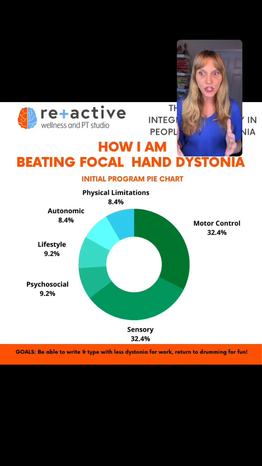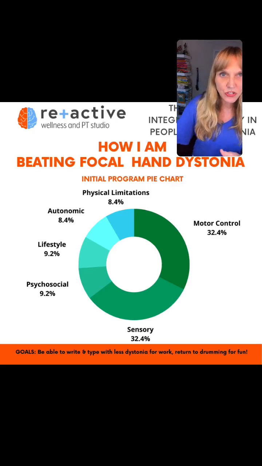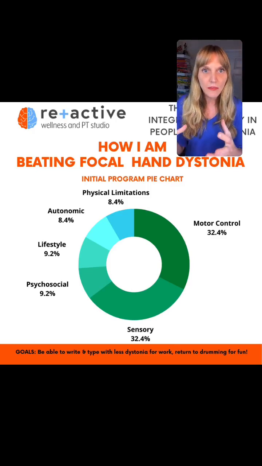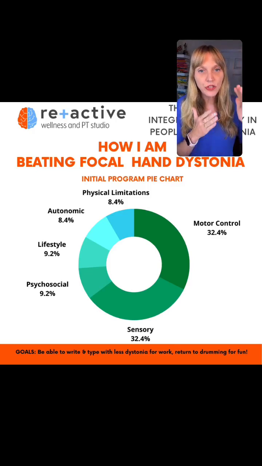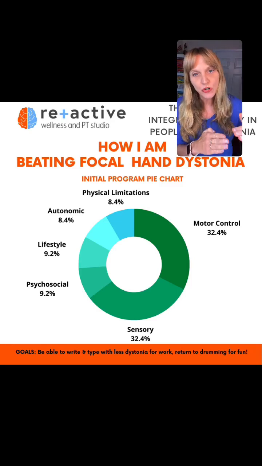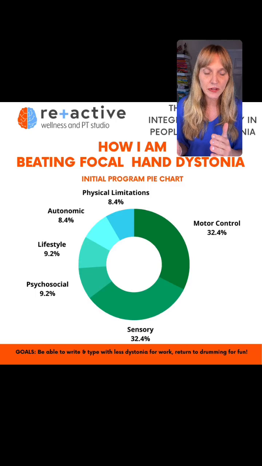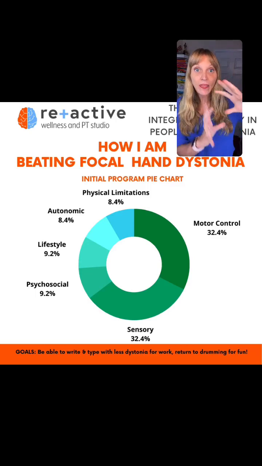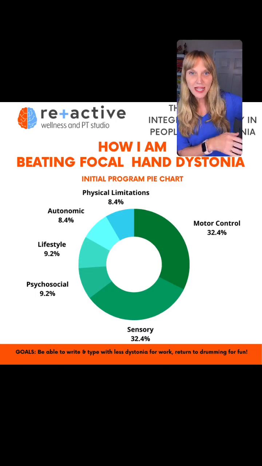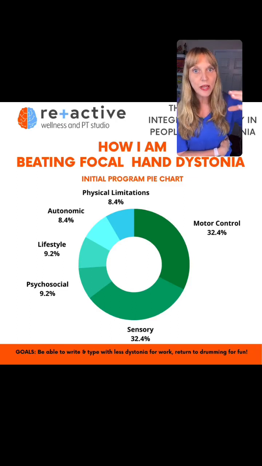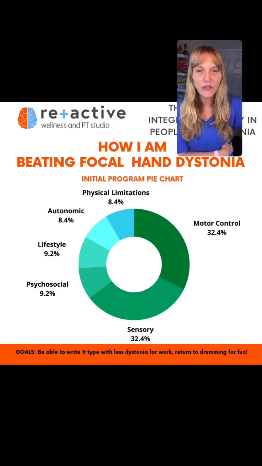And this was the pie chart from their assessment and treatment that they developed together, where you can see a large component being motor control, there's sensory pieces, and then there's a little bit of everything else as well. But then they know from a treatment standpoint, heavy on the sensory and motor training. And I'm going to show you an article for that in just one second.